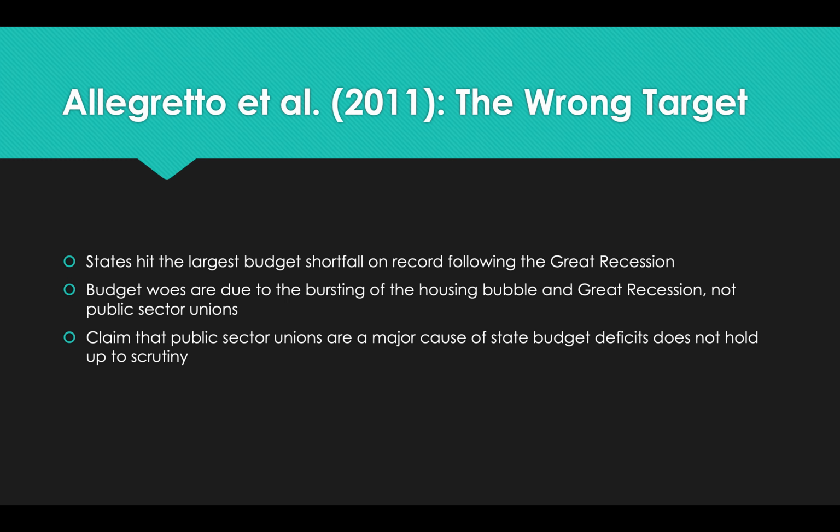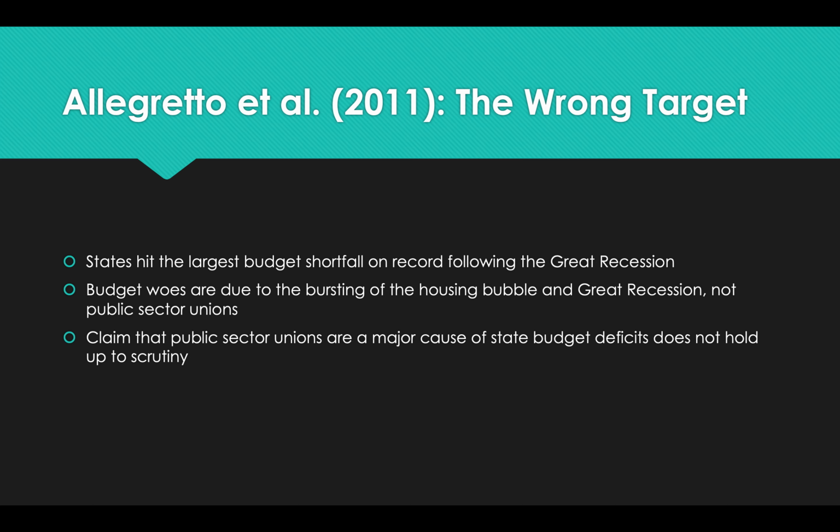And so basically they're arguing that the budget shortfall following the Great Recession wasn't because of the power of public employee unions. Politicians were using the budget crisis as an opportunity to go after a political adversary. So the budget woes were due more to the housing bubble and other aspects of the Great Recession and not public sector unions.